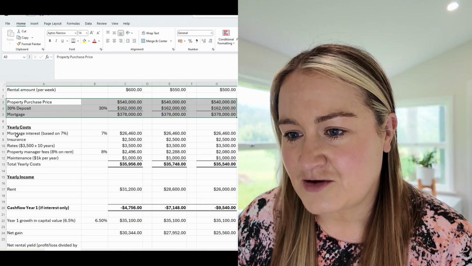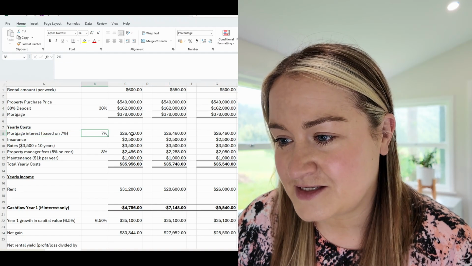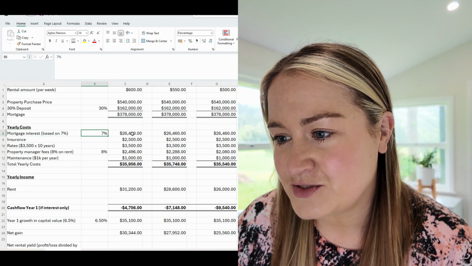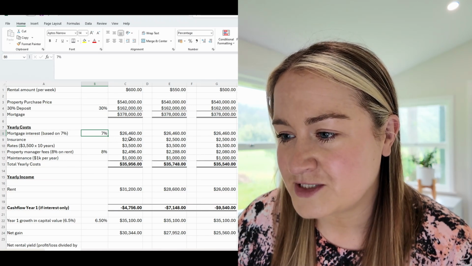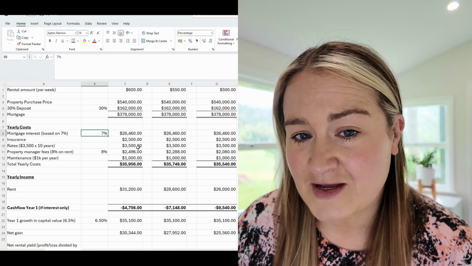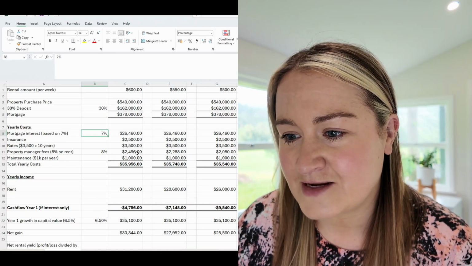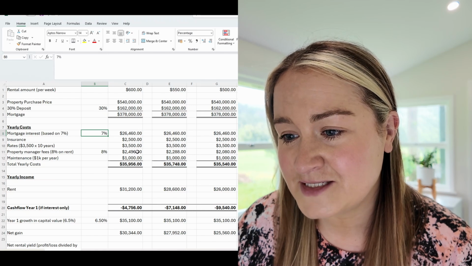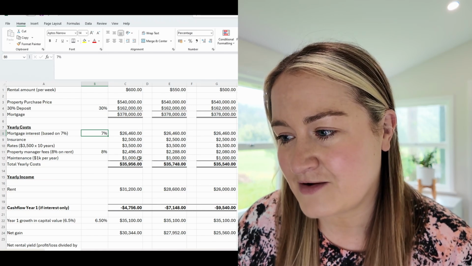I've also based it on a mortgage interest rate of 7%, which is the average in New Zealand in the last 10 years. I've assumed my insurance is going to cost me $2,500. My rates are going to cost me $3,500, and I'm going to pay 8% in property manager fees, and I'm going to have $1,000 in R&M every year.